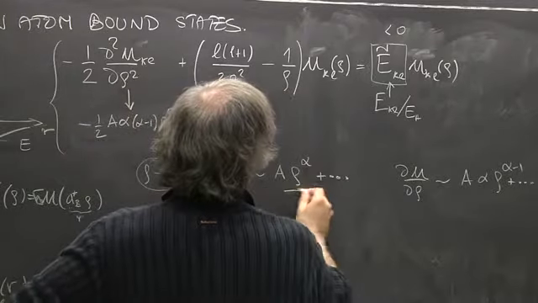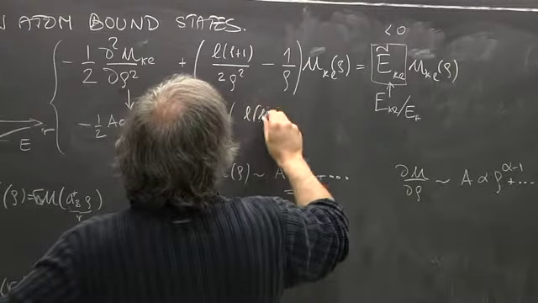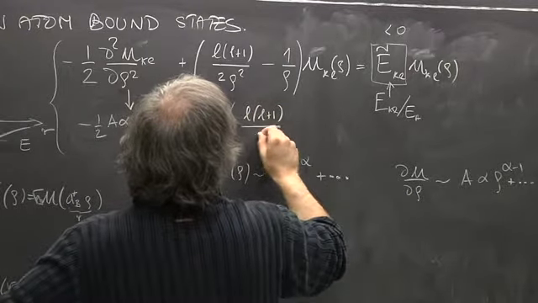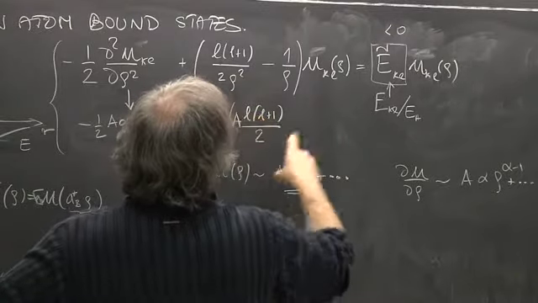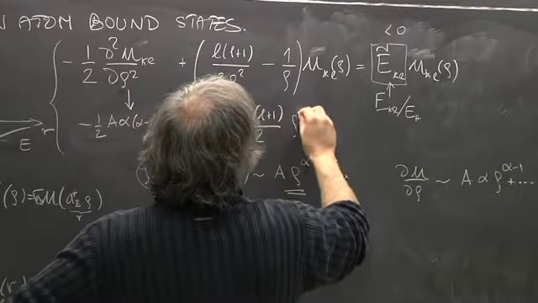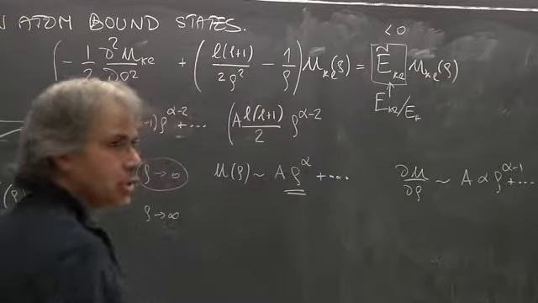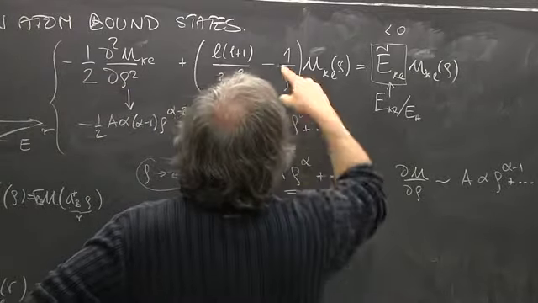So it takes this behavior and transforms into L plus 1 divided by 2, and then you have A rho to the alpha minus 2, plus the usual dots. What about this?